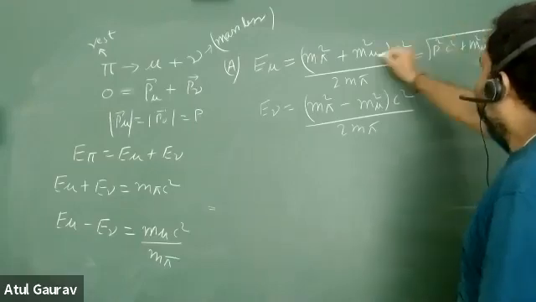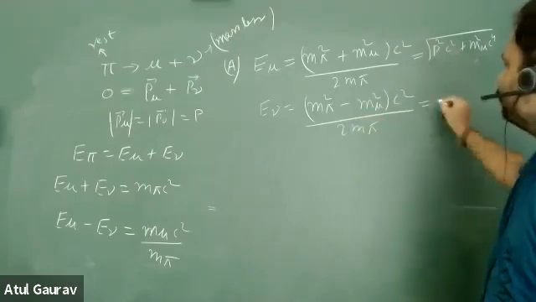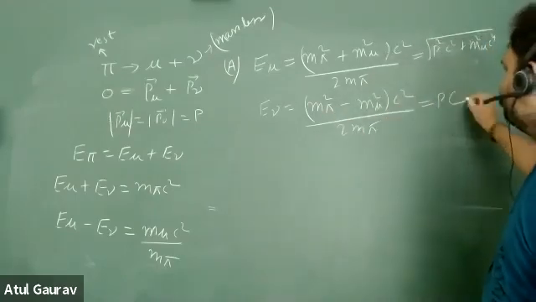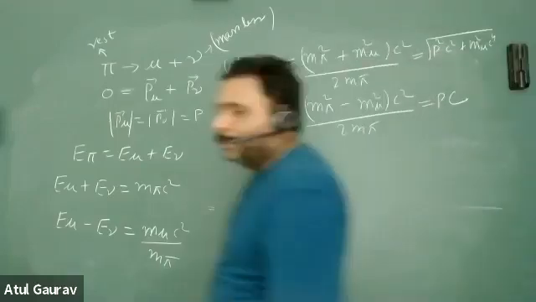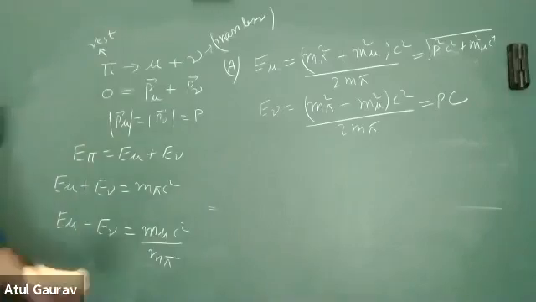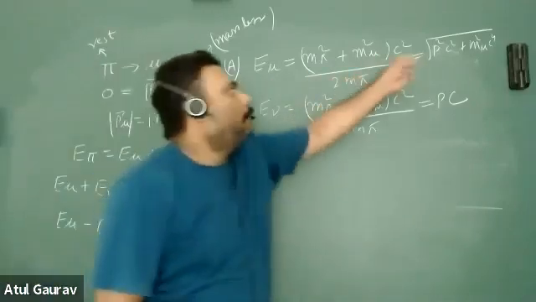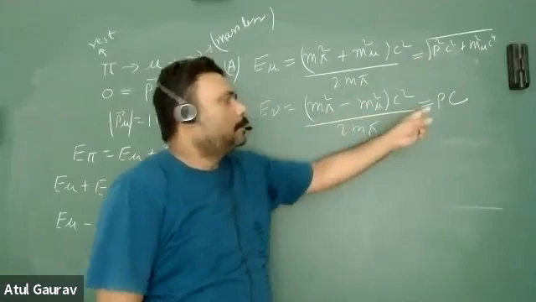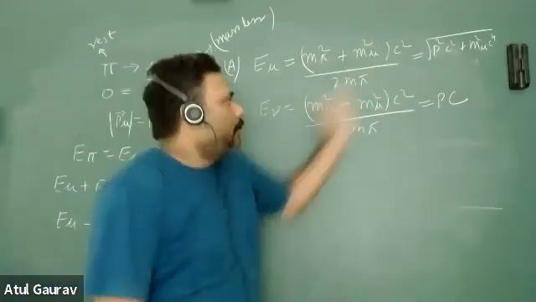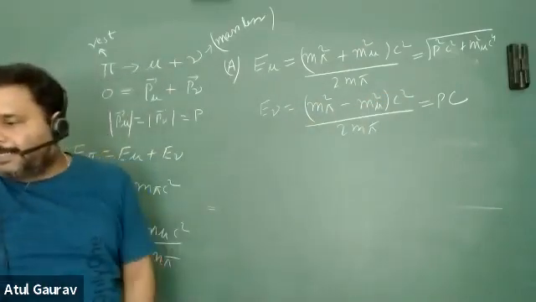This should be it for this one, yes or no? And for the other, what should it be? This value is equal to nothing but p into c, because it is massless, isn't it? So obviously you can solve from this also, you can solve from this also, both will give you the same answer. Solve this or solve this, what will you get from both? The same answer.